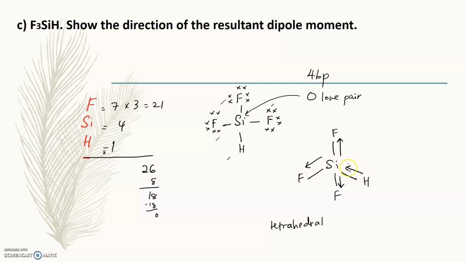If this arrow was towards outside, so it can cancel each other, the dipole moment is 0. Okay, but now the dipole moment has value, so cannot cancel each other. Okay, the vector is in different direction. Okay, so this molecule is polar. Okay, dia adalah polar. Next.